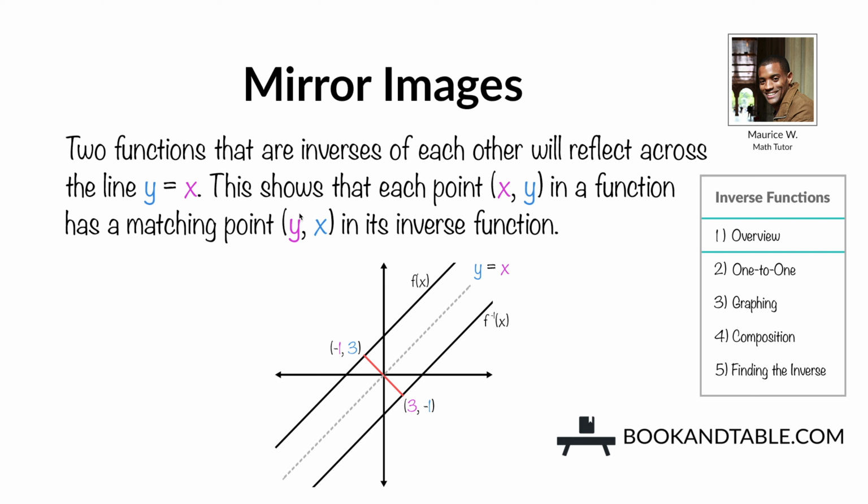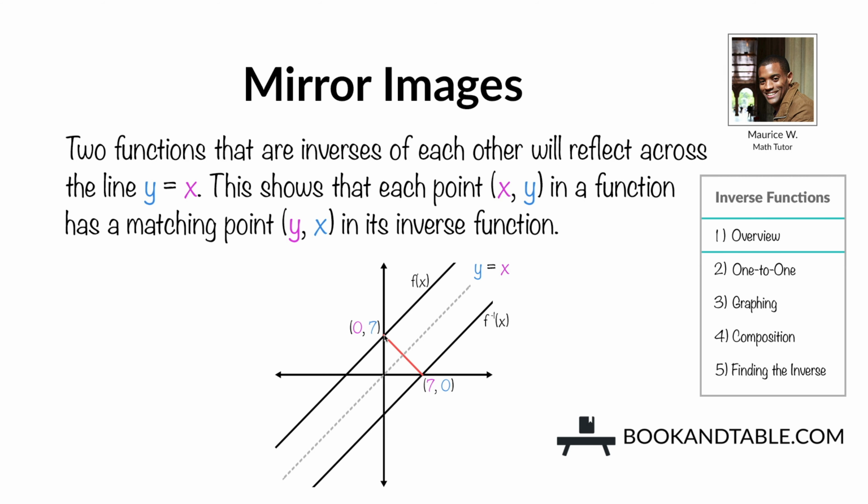The x-coordinate has a value of the original y. So here is our inverse function. This x-coordinate 3 matches the original y. And the y-coordinate, negative 1, matches the original x, negative 1. So we swap the x and the y, and that gives us the equivalent point on the inverse function.